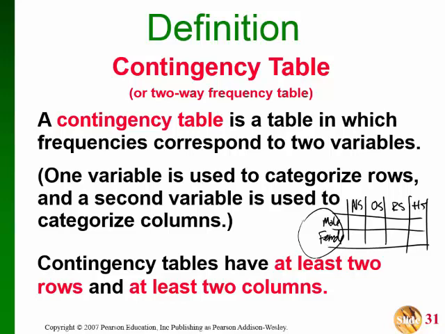So in other words, are we expecting more males to be heavy smokers, or are we expecting them to be about the same, equally the same? So that's the association part. So does the smoking habit depend on whether you're male or female, or are the smoking habits independent of being male or female?